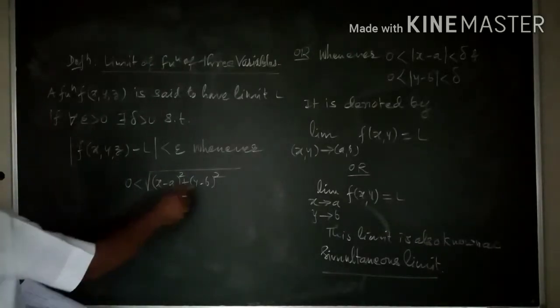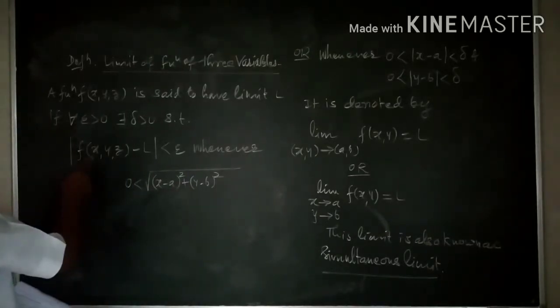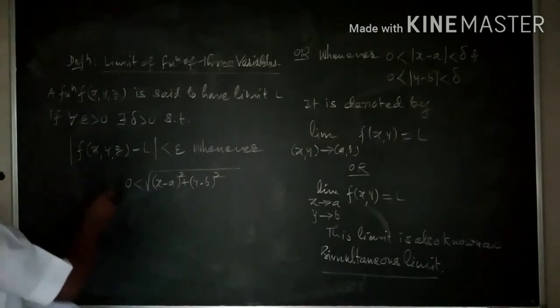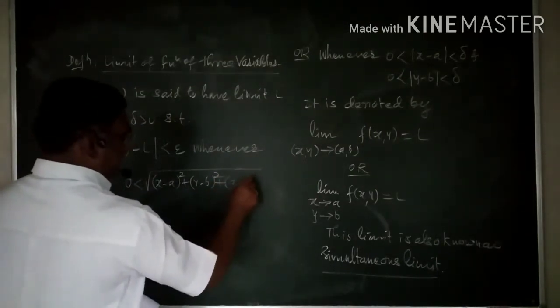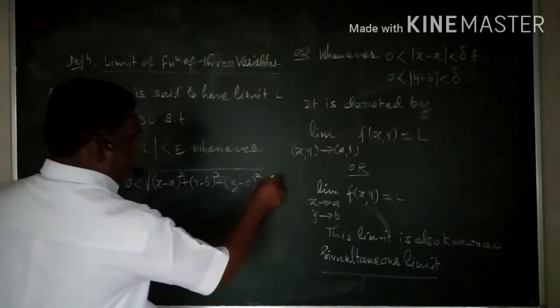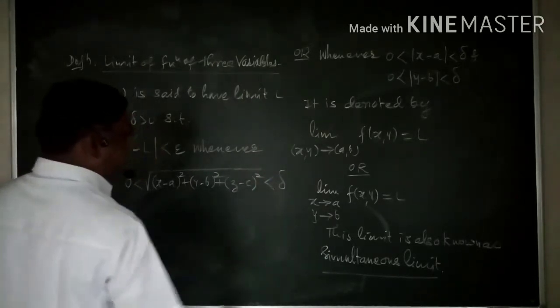This is for a function of two variables. Now, as our function is of three variables, let us add one more term, (z minus c) squared, and this will be less than delta.